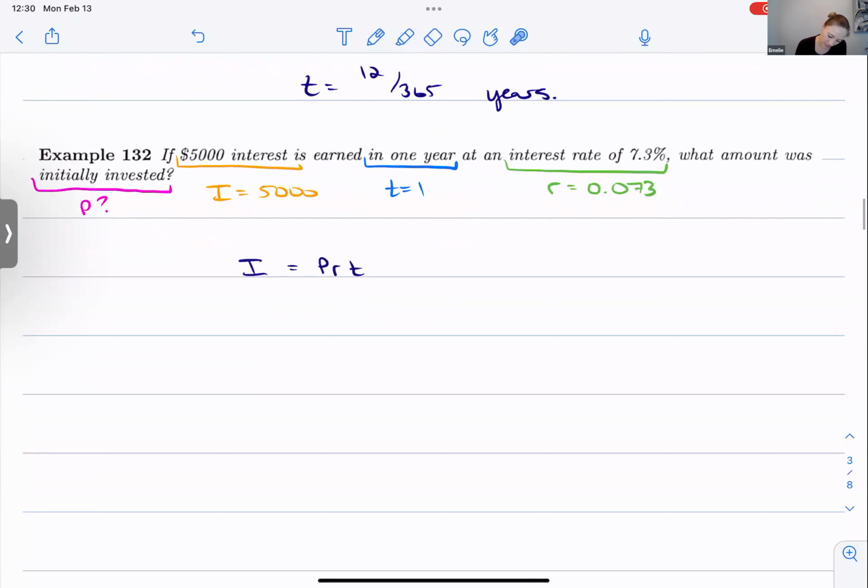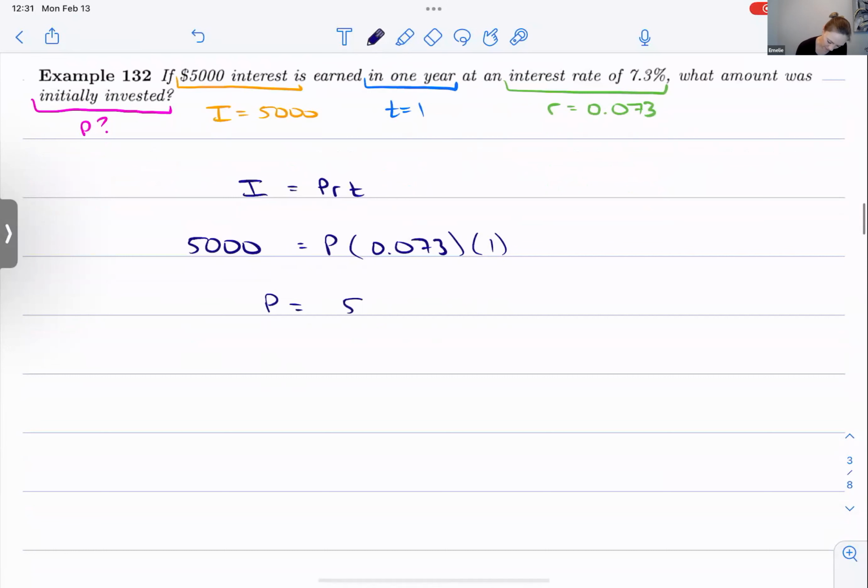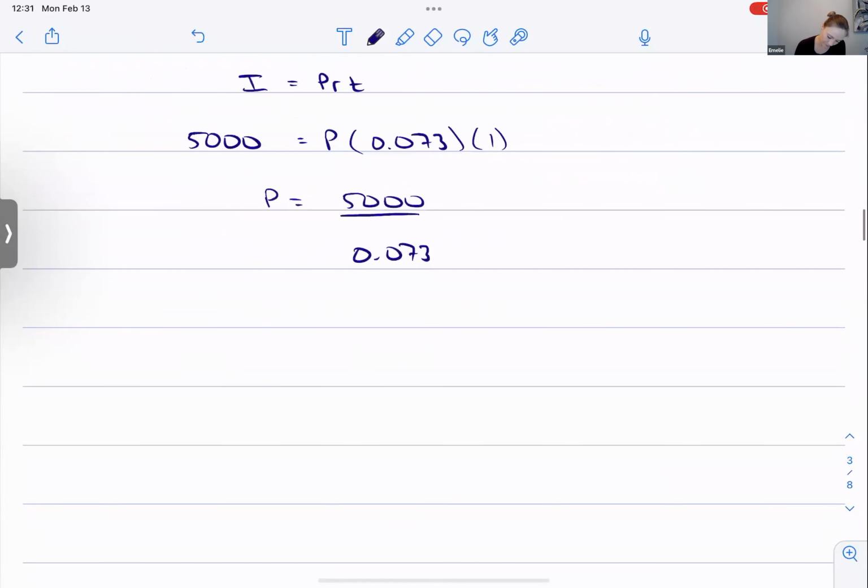Okay. So now if I just plug in values, the amount of interest was 5,000. I'm going to try to solve for P. The rate is 0.073 and the time is 1. Multiplying by 1 just kind of dissolves, right? It doesn't do anything. So what I'm going to be left with is that P is 5,000 divided by 0.073.